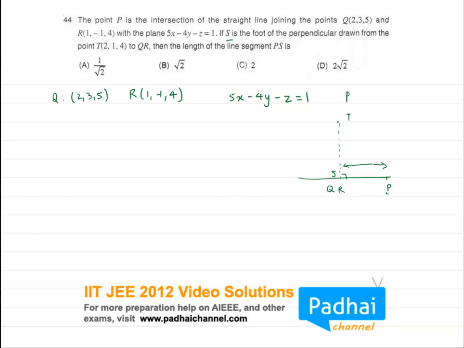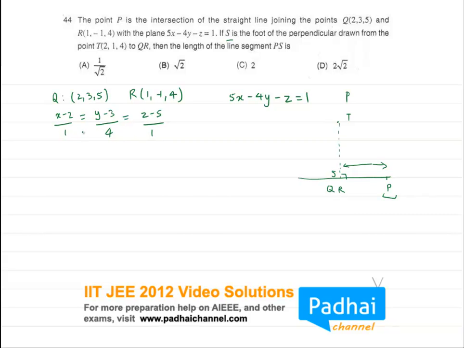First of all, we'll try to find the point P from the question itself. P is the point of intersection of the line QR and this plane. If I write the equation of the line using these two points, it would be (x - 2)/1 = (y - 3)/4 = (z - 5)/1.